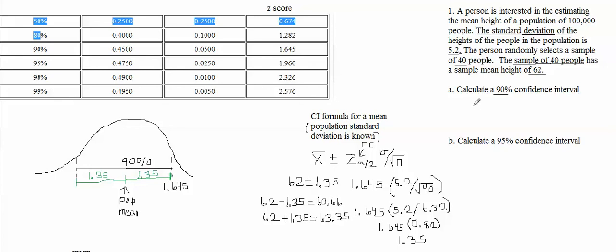So our 90% confidence interval goes from 60.66 to 63.35.